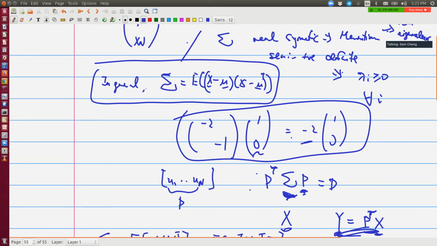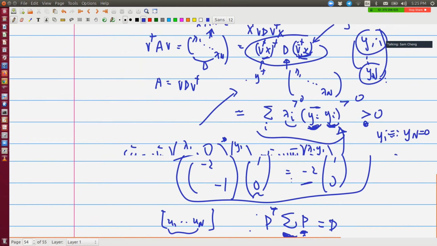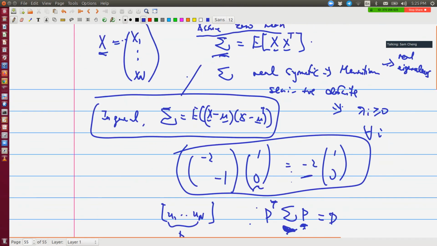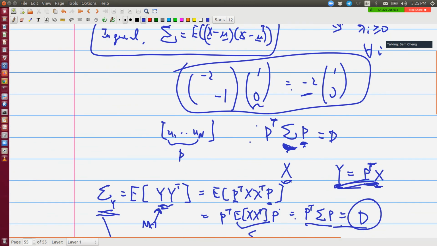We only know that we can compute the covariance matrix, and here we also assume zero mean. But even if it's not zero mean, you can always first subtract the mean. It doesn't change anything. And once you subtract the mean, since the covariance matrix is positive definite and symmetric, you can diagonalize it. You use the eigenvector matrix to create a linear transform to generate y, and the new set of random variables will be uncorrelated.